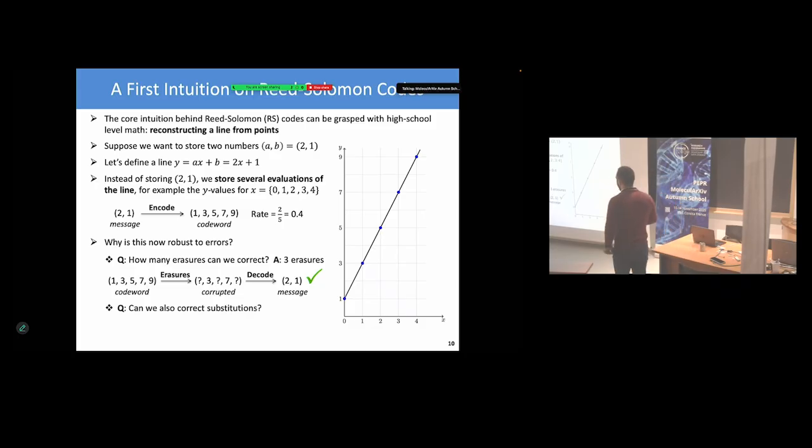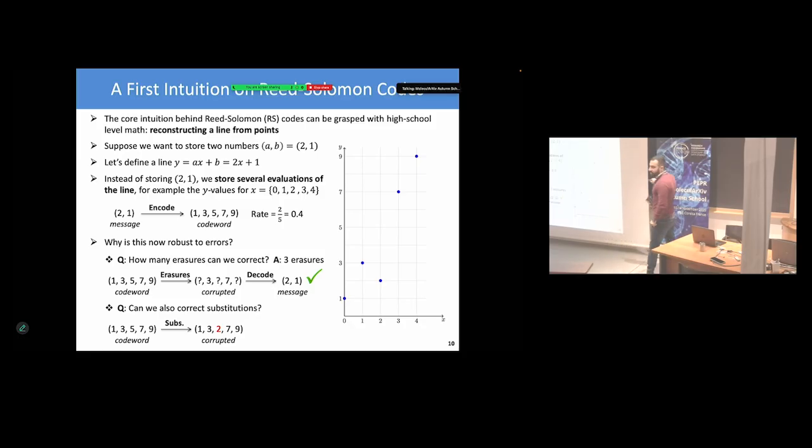Okay, let's talk about substitutions. Can we also correct substitutions, not only erasures? Let's say I have the same code word, and the third number was supposed to be 5, but it was substituted by 2. So I'm looking at something like this. These are the evaluations I see.